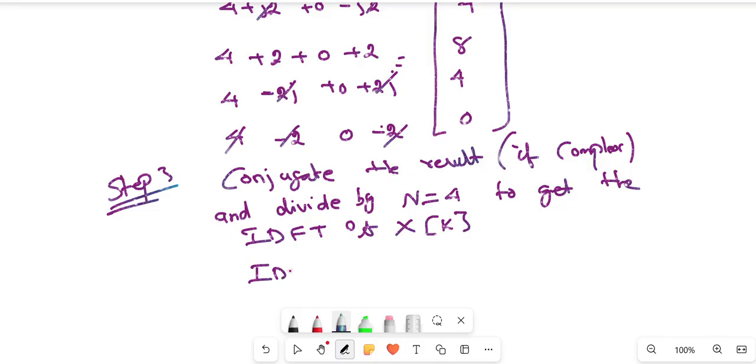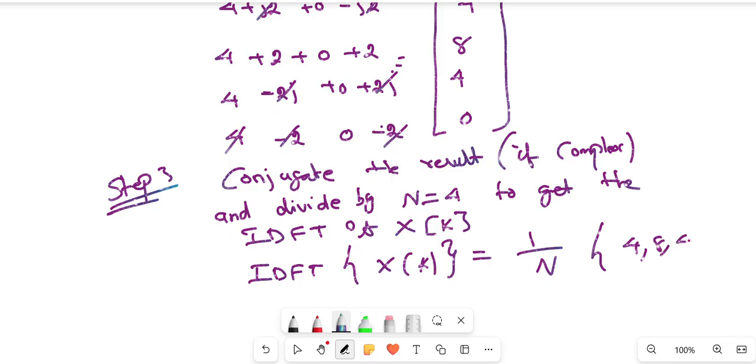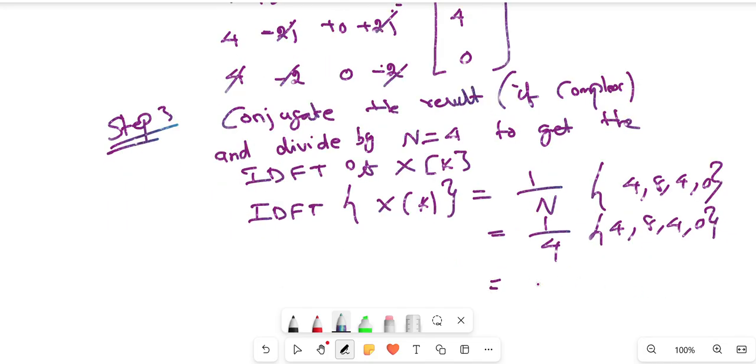So the IDFT of x of k is equal to 1 by n of 4, 8, 4, 0, which is equal to 1 by 4 of 4, 8, 4, 0, which is equal to 1, 2, 1, 0. This is the answer.